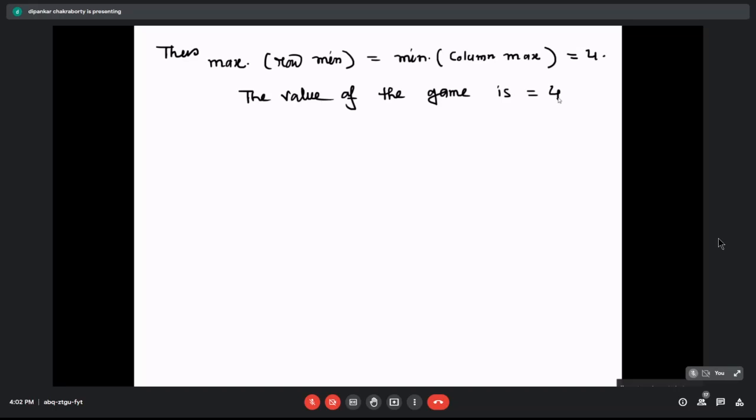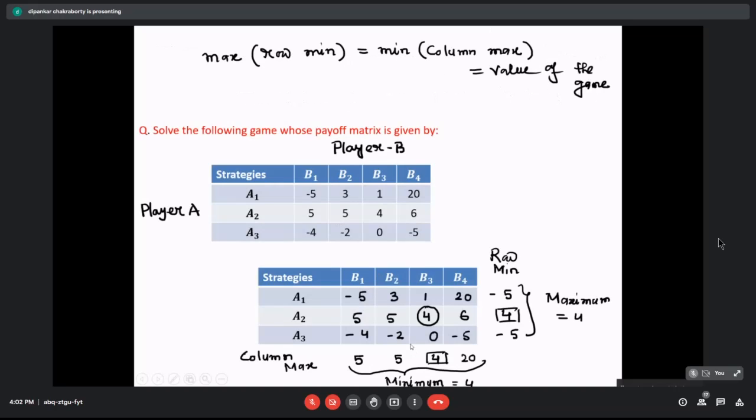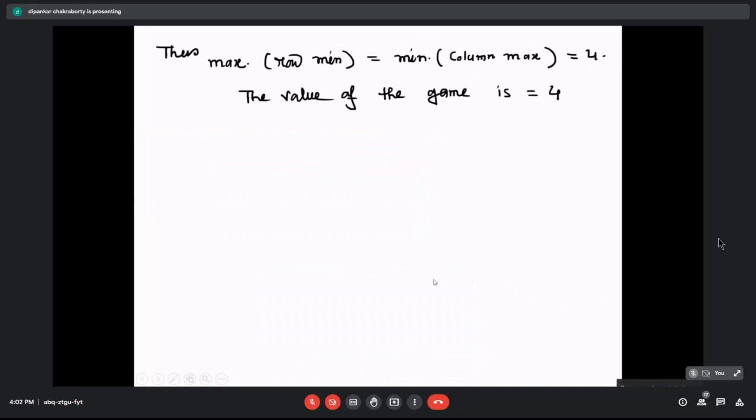First of all, where you are getting that 4? If you look at the payoff matrix, you are getting that 4 at this point. And this point is basically called the saddle point. Remember that. This point 4 you are getting from A2, B3. So I'm just writing it here so that you can remember, because both are same.